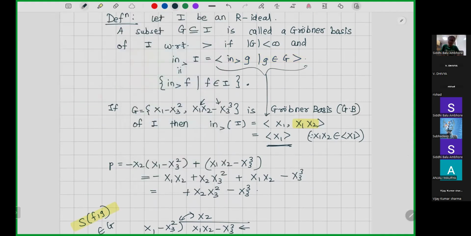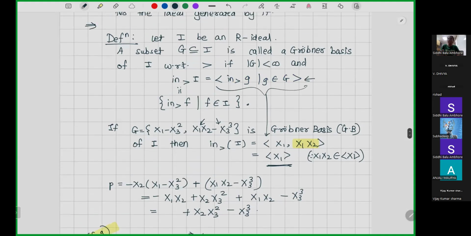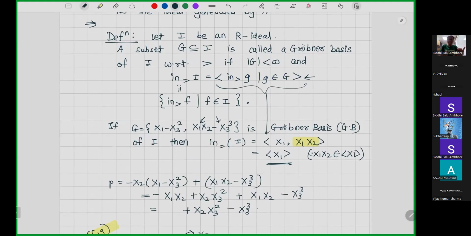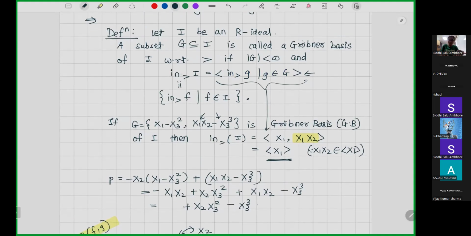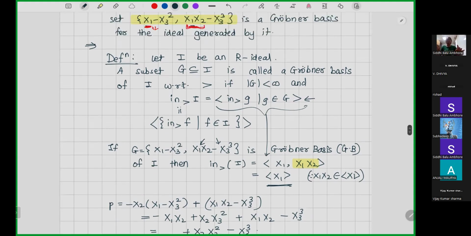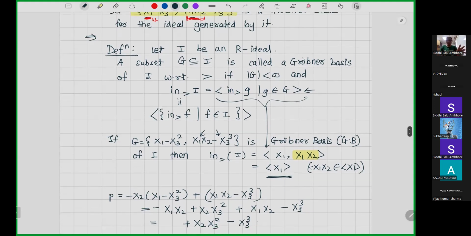Whether this initial ideal is actually generated by the initial terms of these elements from G. Actually, this is the initial ideal, and sorry, it is actually the set of all initial terms of f, and it is also the ideal generated by the set of all initial terms of f, where f is any given polynomial in I, and any given polynomial in I is all the polynomial combinations of the generators. So these two sets are what, different?